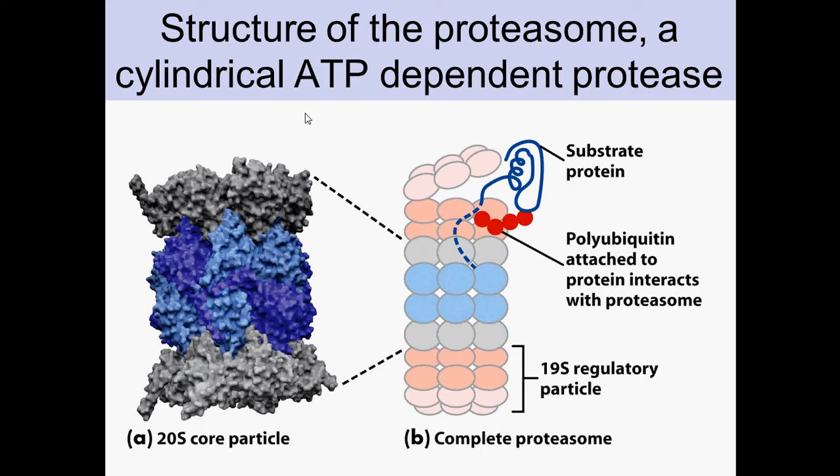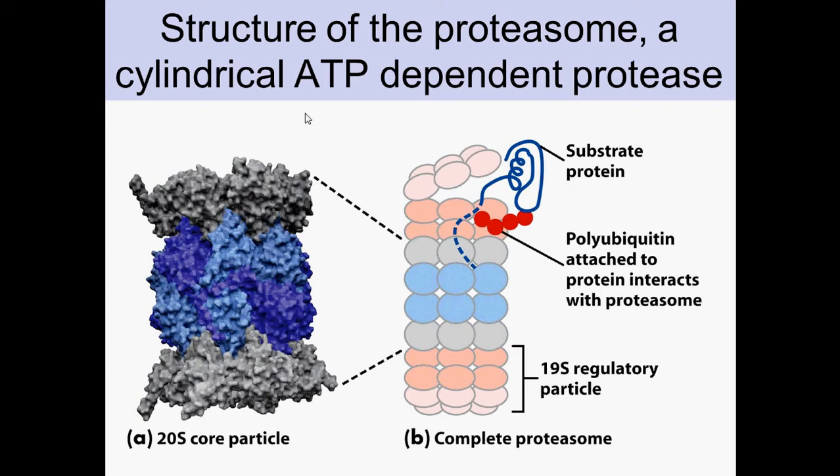So basically there are three steps. You have the phosphorylation. After the phosphorylation, you have the polyubiquitin chain being added to the protein on the lysine residue, and then it goes into the proteasome, where an ATP-dependent cylindrical protease is going to break down the protein to its amino acid level.